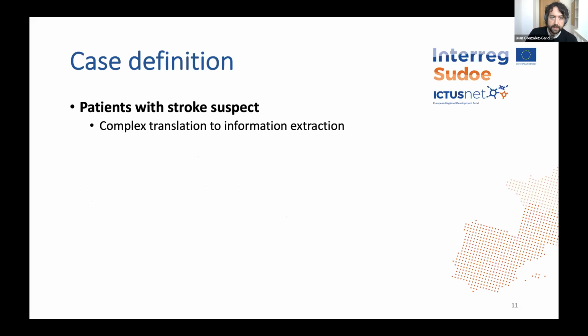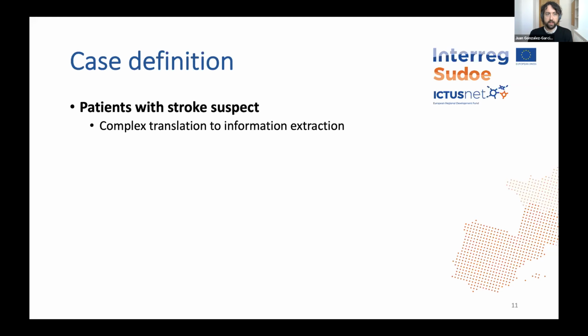Next, once you have your common data model, you have to specifically define the case. So which are the people you are going to analyze. In that case, the case definition is very simple. It's just patients with a stroke suspect in a time frame.